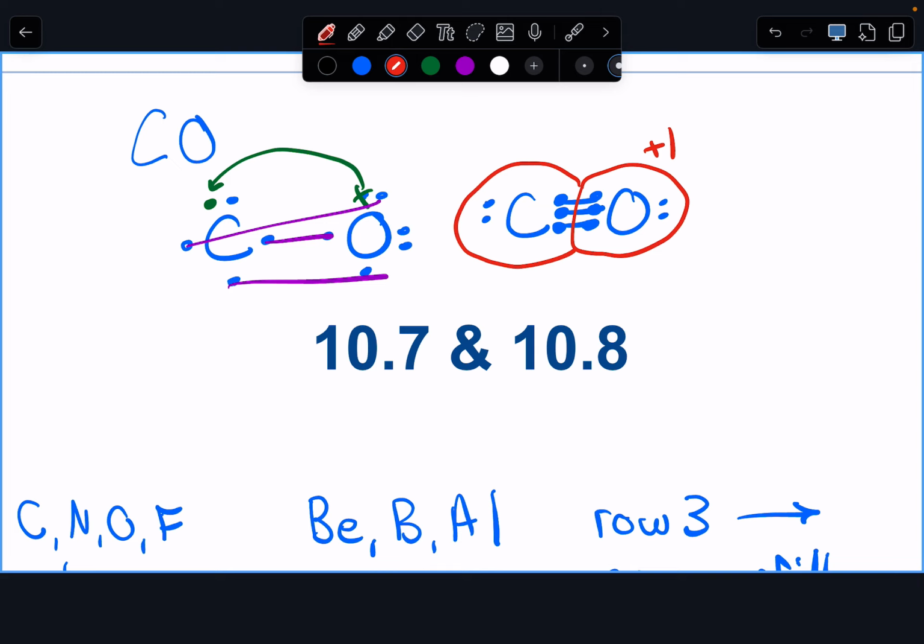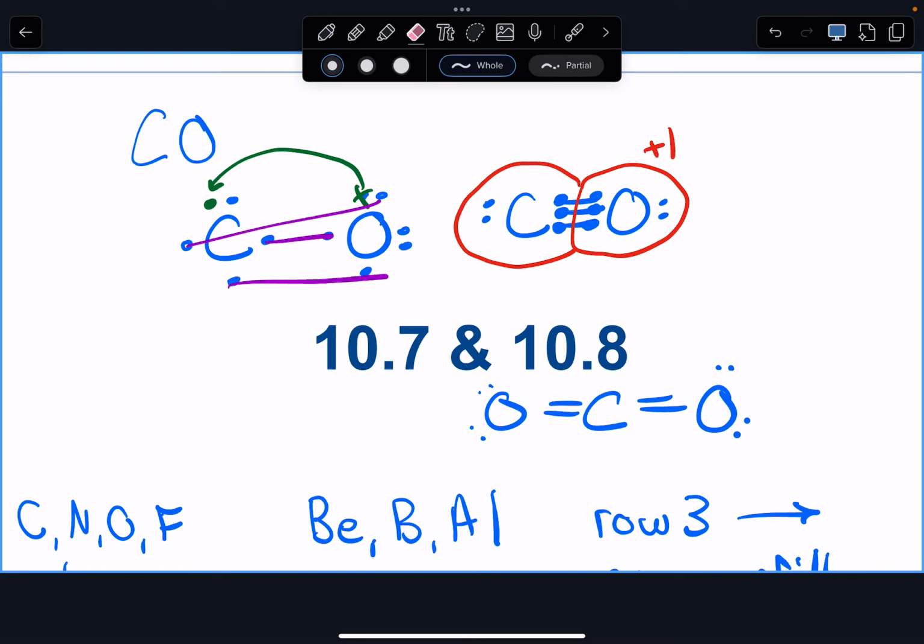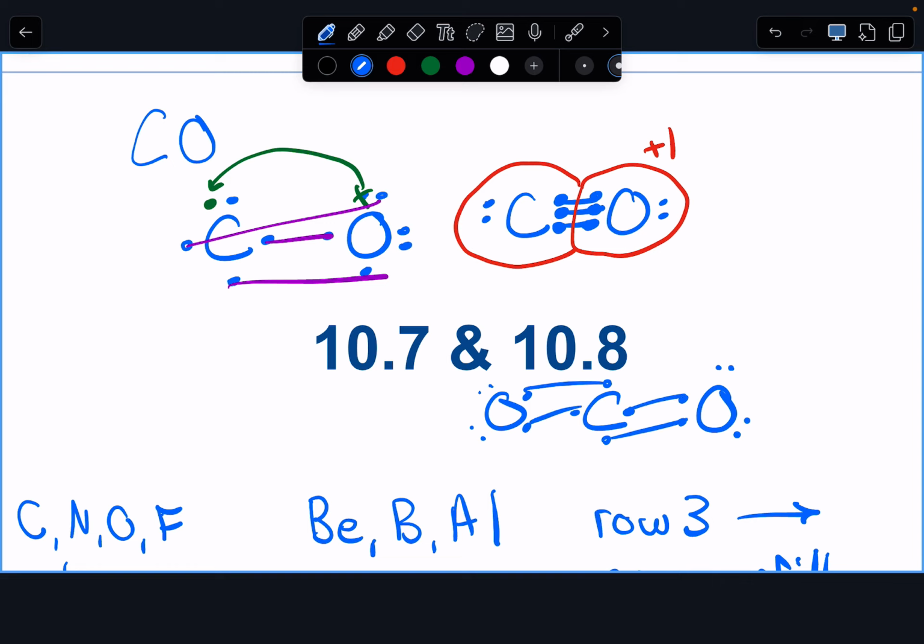Because normally, like in CO2, let me actually, before the bonds are there. In CO2, I know I drew those at kind of weird angles, but it started like this, and we made the bonds, and nobody moved anything anywhere, okay?